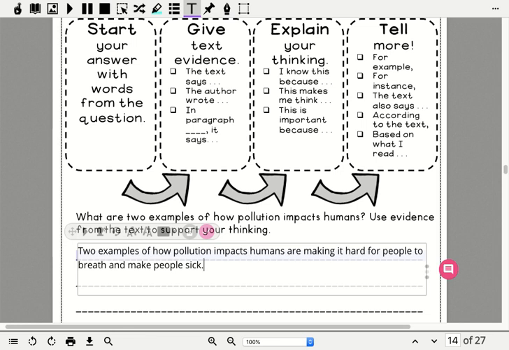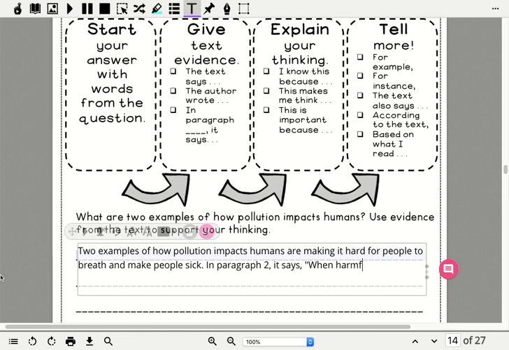Okay, so we are going to say maybe in paragraph. Okay, my first one is in paragraph 2. It says, okay, and I got this right here. Okay, and I'm just writing it down here. So it says, and now I'm just copying my text evidence.